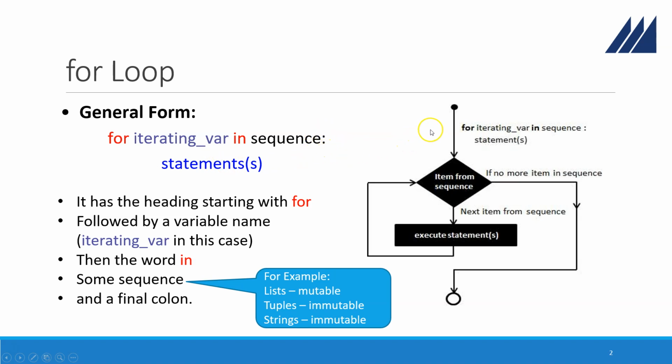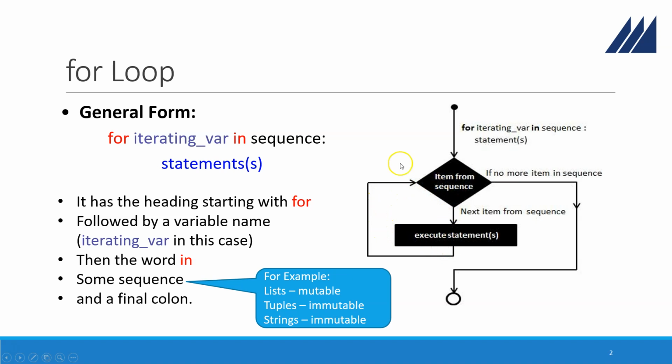Let's take a look at this flowchart over here. We have the program starting normally, just like we did with the while loop. At a certain point you will hit the header of the for loop statement. If you still have some items inside this sequence, you assign one of the items from the sequence to the variable, then you execute the statements, and then you go back again.